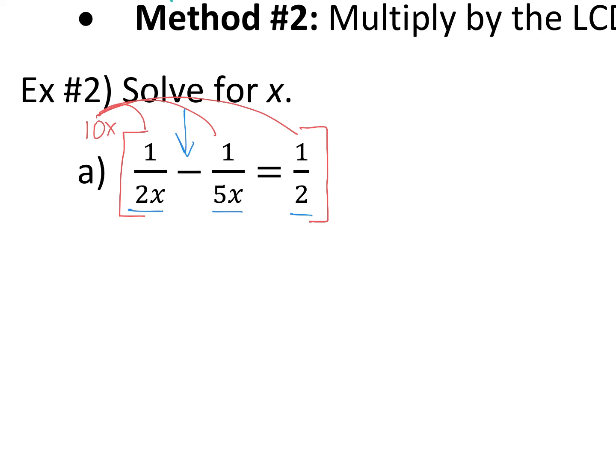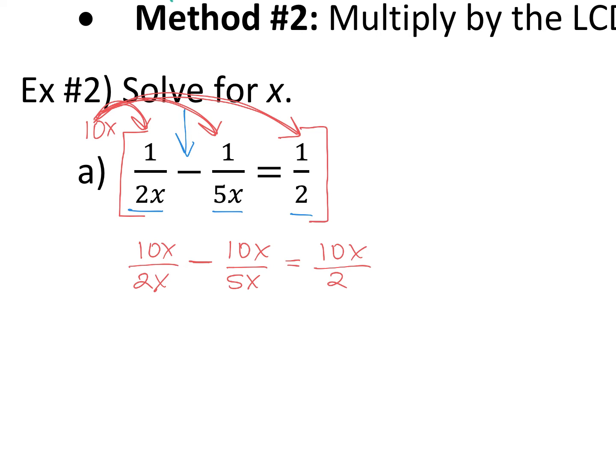You have, for this first one, 10x times 1, so 10x over 2x, minus, multiply this by 10x, you get 10x over 5x, and multiply the last one by 10x, you get 10x over 2.